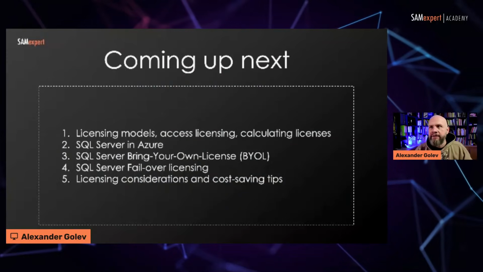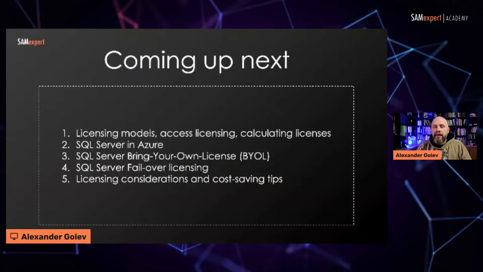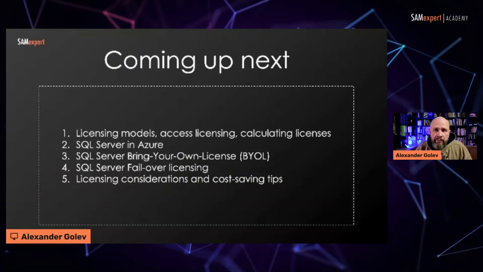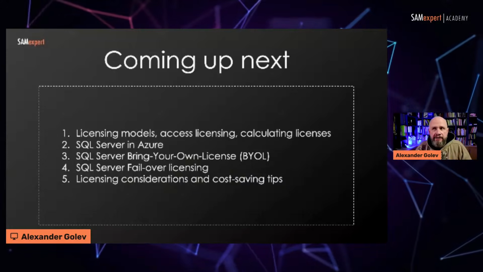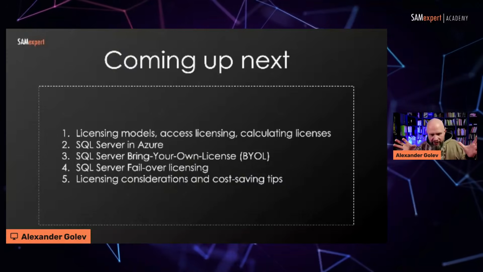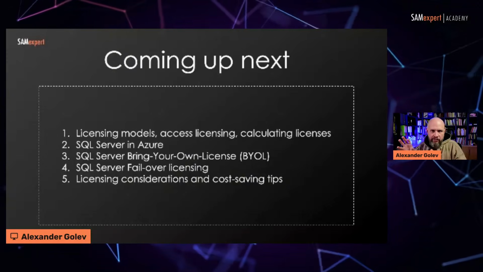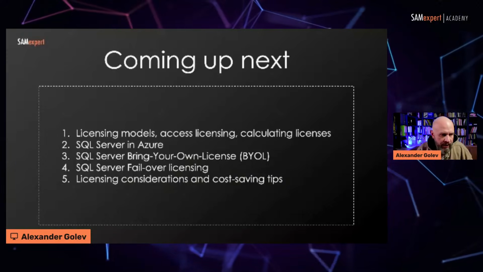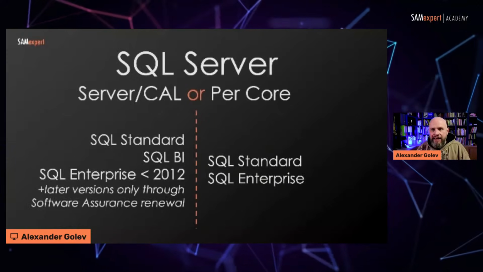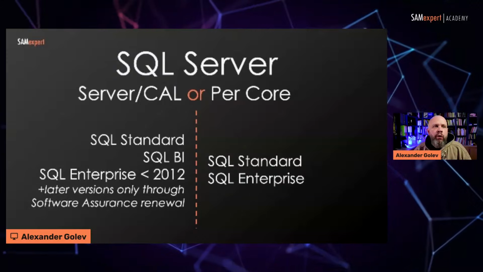So coming up next, the next part that we're going to be talking about is SQL Server licensing models: the basics of SQL Server licensing, access licensing, and calculating licenses. So your basic information about how to calculate the license for SQL Server without going deep into variations. SQL Server may be licensed in 2 ways.